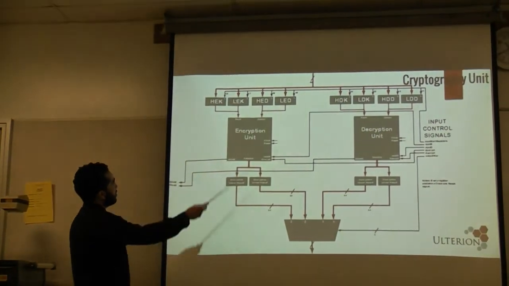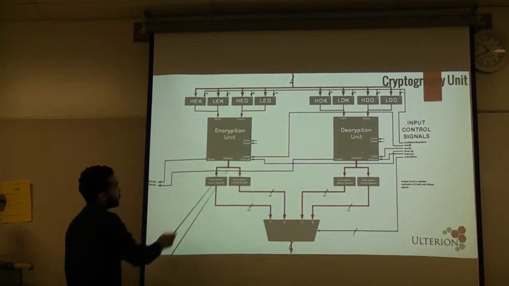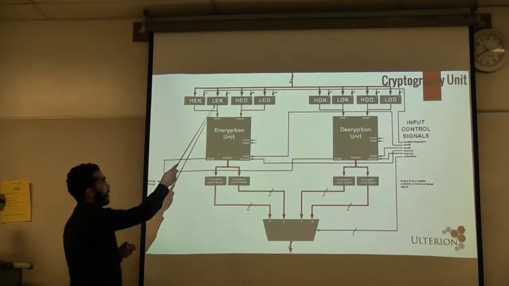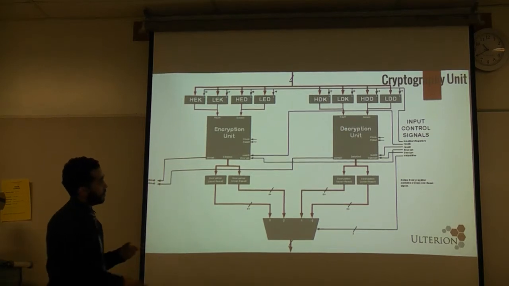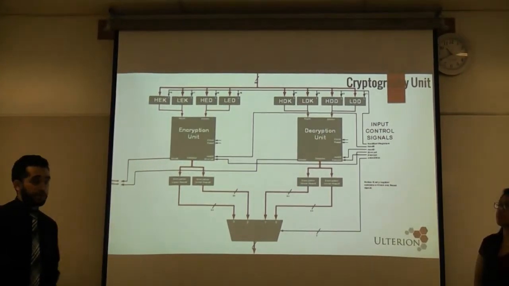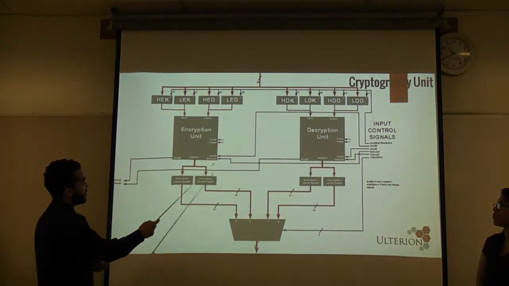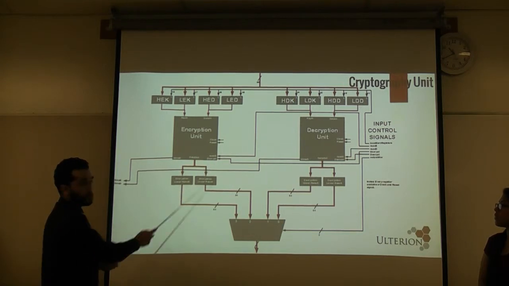In here, this is the key for encryption and the data for encryption. There are instructions in our processor that load those values in here. Also for decryption, the same thing: you have the key and the data to decrypt. Once you're ready to encrypt, you have to give it a signal to start encrypting, right here. It comes in from the control unit.